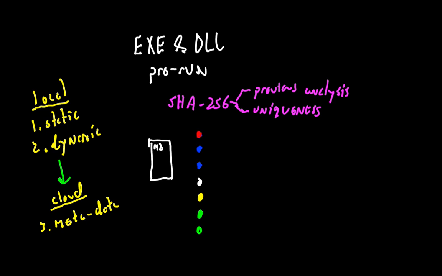And one way of having resilient signatures is to compare this vector to a library of vectors derived from similar kinds of binaries or from just other executables and DLLs.